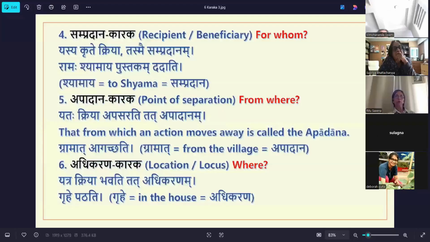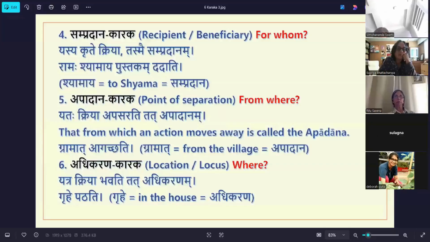Location, where it is happening. Yatra, we have already come across this word. Yatra tatra sarvatra. Here, there, everywhere. So, yatra kriya bhavati, where the action is taking place, tat adhikaranam. Simple.